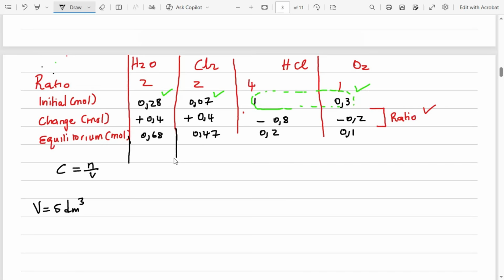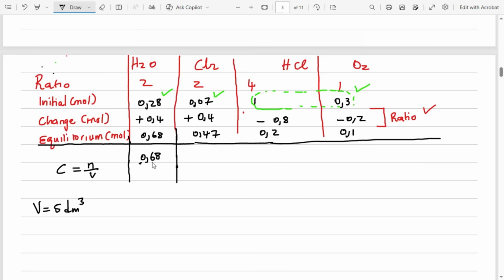Okay, so let's just do some substitutions here. You take the 0.68, the number of moles at equilibrium, and divide that by 5. The answer that you get will be the concentration at equilibrium. Punching this on the calculator, this is 0.136.